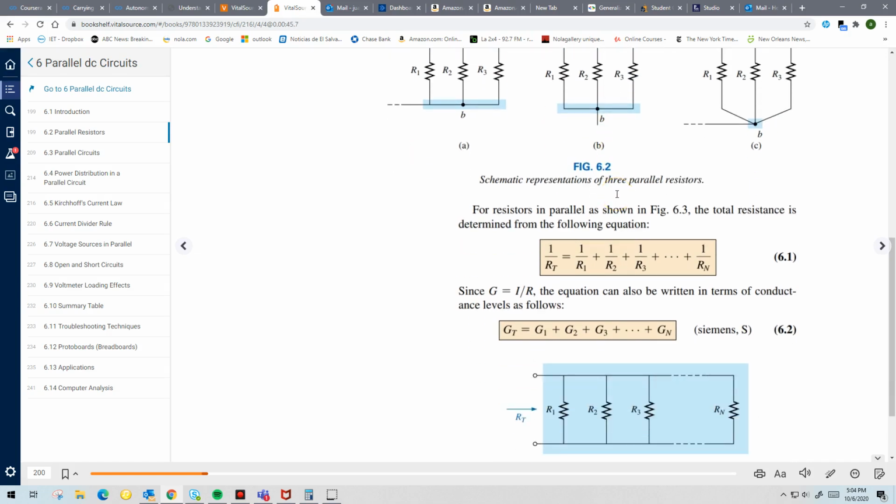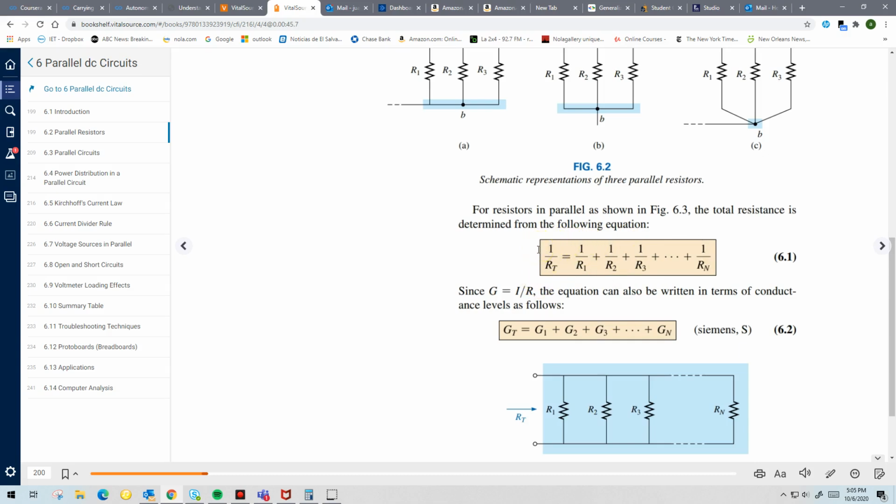So just like we can combine resistors in series very easily by adding the resistors themselves, one by one, the way to combine resistors in parallel to get an equivalent resistance or a total resistance is by taking the reciprocal of the resistance. So what you will do is take the reciprocal of R1 plus the reciprocal of R2 plus the reciprocal of R3 and so forth, and then you will take the reciprocal of the total.